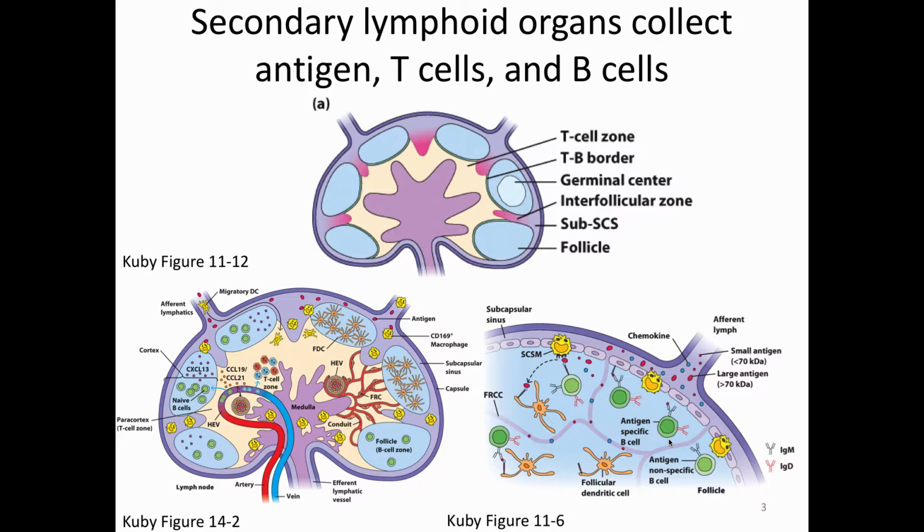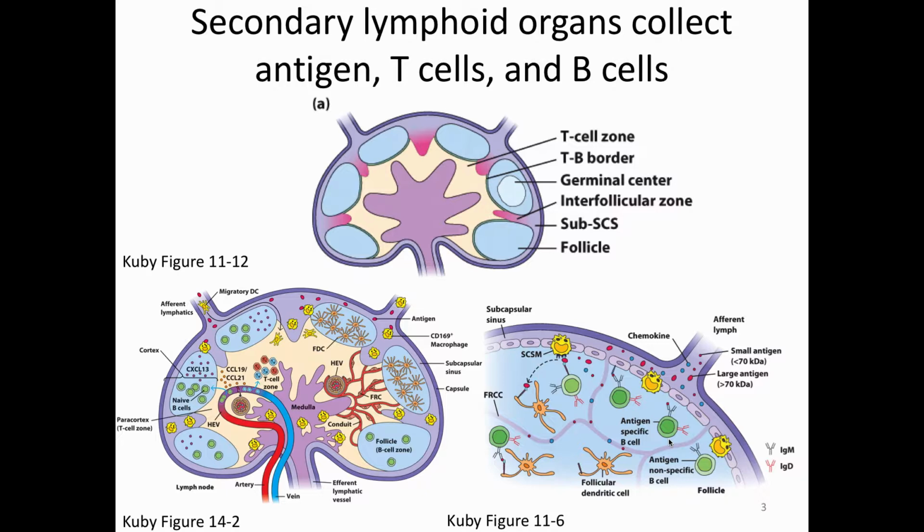We need to have the B cell, because you can't activate a B cell if you don't have a B cell. So clearly you need a B cell. And we also are going to need T cells that can provide some T cell help. All of these components can be found in a secondary lymphoid organ like a lymph node. They will be found in unique areas.